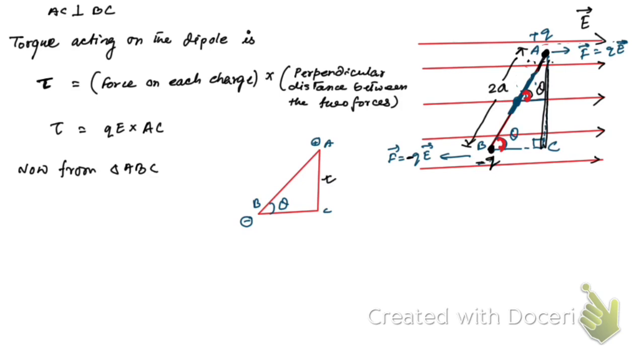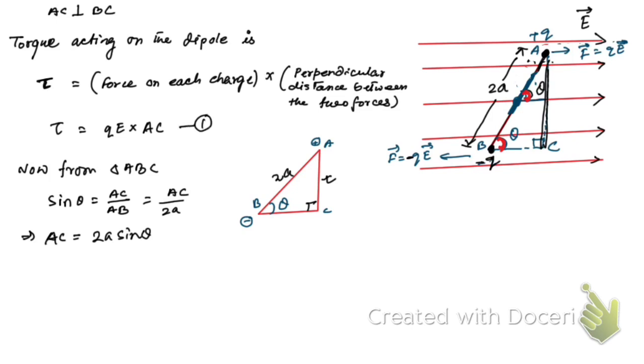AC is perpendicular, and the side opposite to the right angle is the hypotenuse; here AB is the hypotenuse. So sin theta is perpendicular by hypotenuse, AC by AB, and AB is nothing but twice A, the length of the dipole. So AC is equal to 2A sin theta. Suppose this is 1 and this is 2.